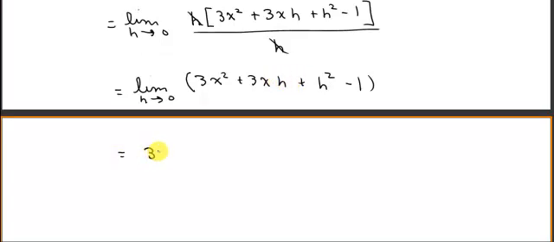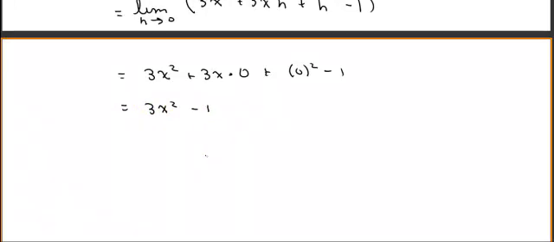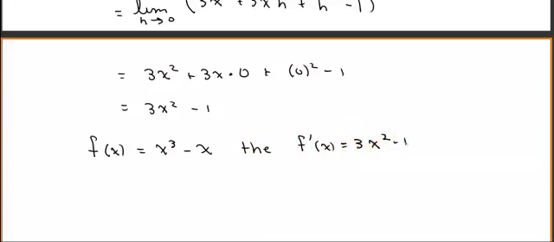This would become 3x squared plus 3x times 0 plus 0 squared minus 1, or simply 3x squared minus 1. So in this case, if f of x is equal to x to the third minus x, then the derivative f prime of x is equal to 3x squared minus 1.